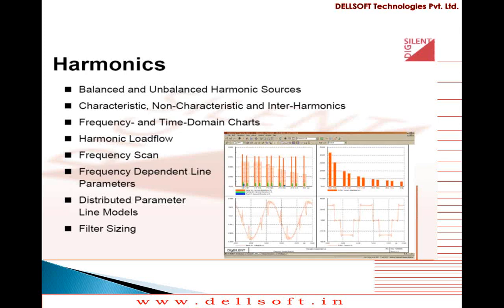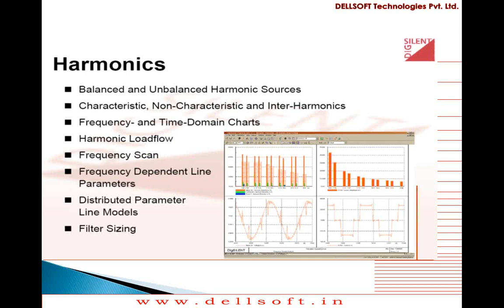We can also analyze our frequency scans, and select frequency dependent line parameters and distributed parameters through different line models. Also, for filter sizing, we can give different specs and analyze our filters through them. So these are some harmonic cases and harmonic features we have in this software.